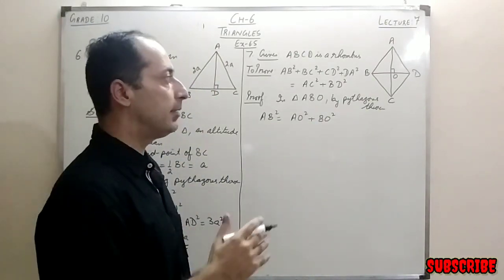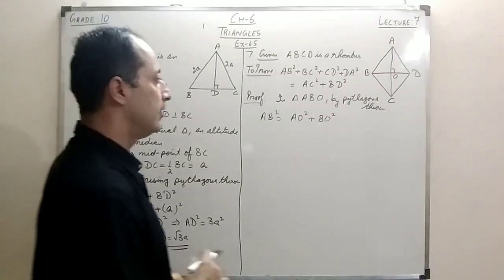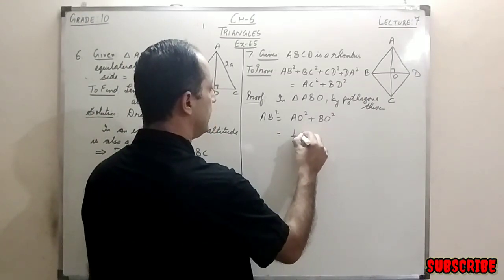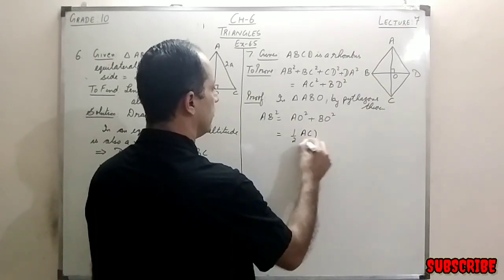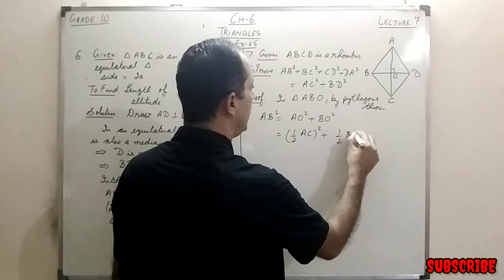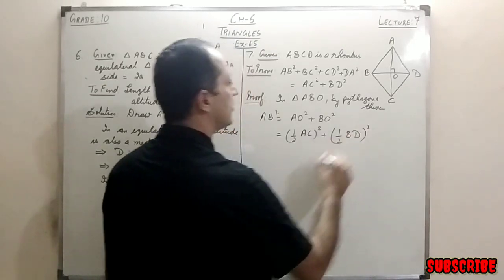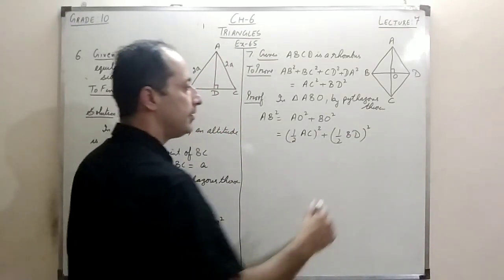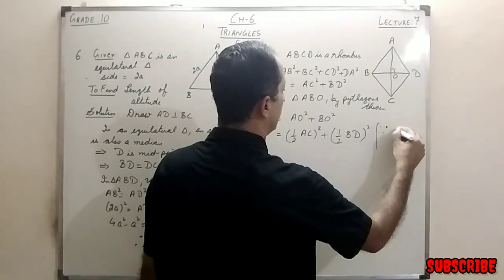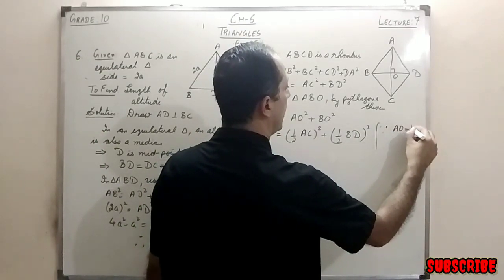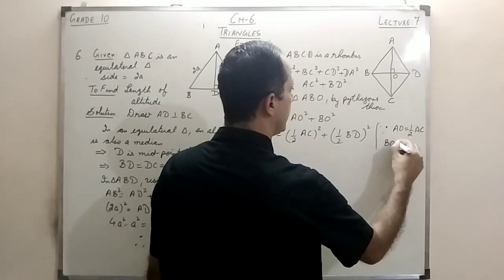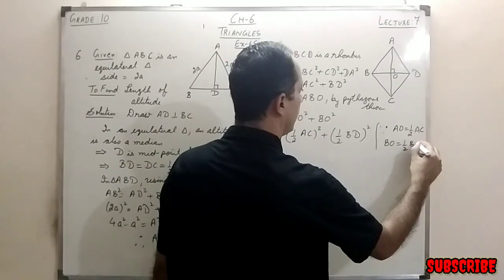Now we know that diagonals are perpendicular bisectors. So AO is half of AC, whole square, plus half of BD, whole square. The reason is that AO is equal to half of AC and BO is equal to half of BD.